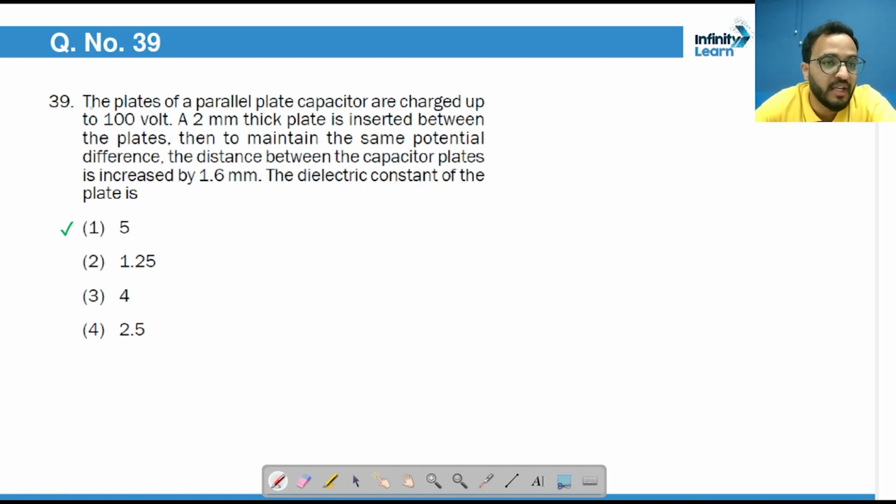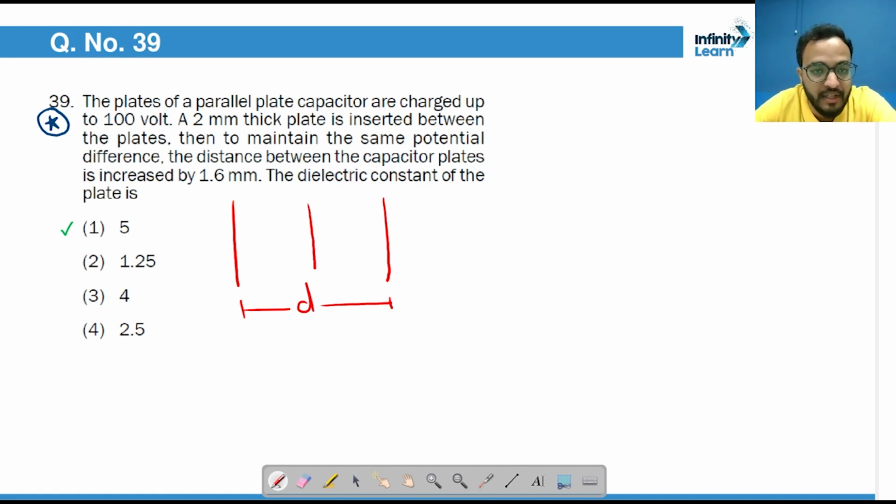Now question number 39. This is an interesting question. I can say this is the best question of the paper. Okay. So there are 2 plates. Already there is some distance D. Now, a dielectric is inserted in between having some thickness. How much is the thickness? 2 mm.